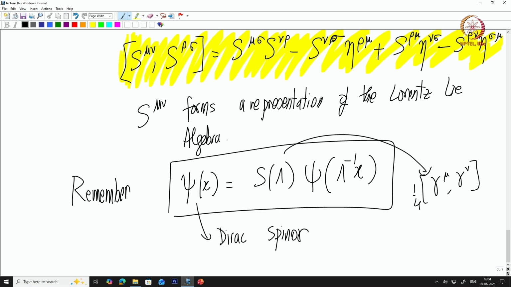You already know that there is a Dirac particle which transforms like S of lambda times psi essentially, and this forms a representation of the Lorentz group.